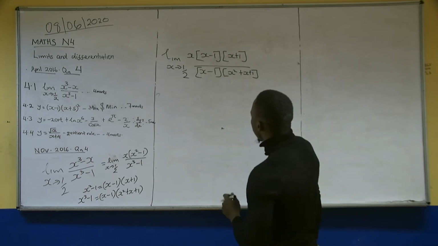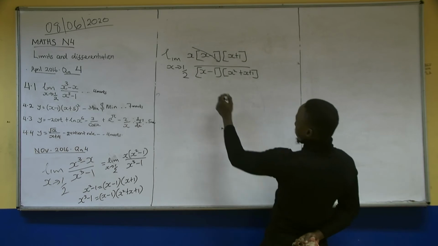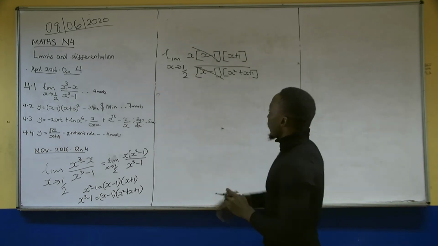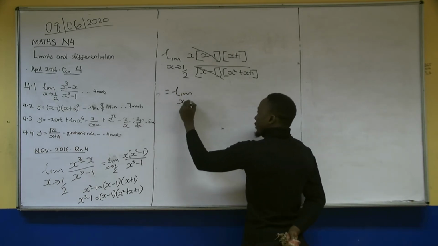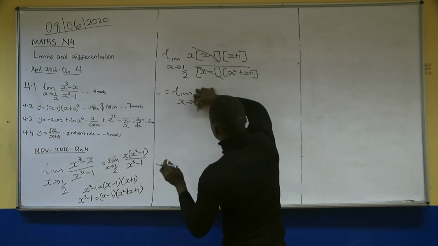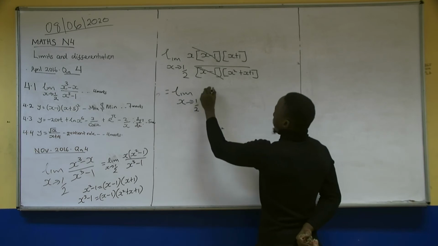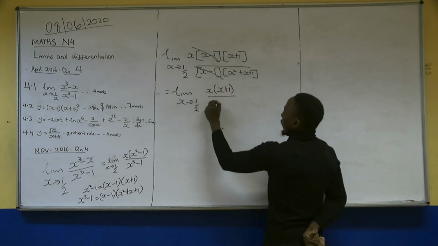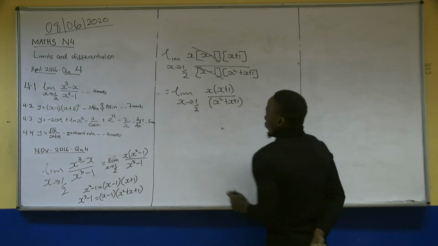So what are we seeing in this equation? We are seeing x minus 1 in the numerator and x minus 1 in the denominator. So they can cancel out and we get the limit as x tends to a half of x into x plus 1 over x squared plus x plus 1.